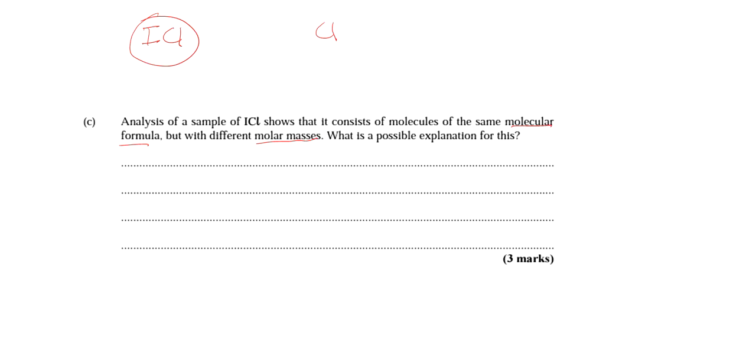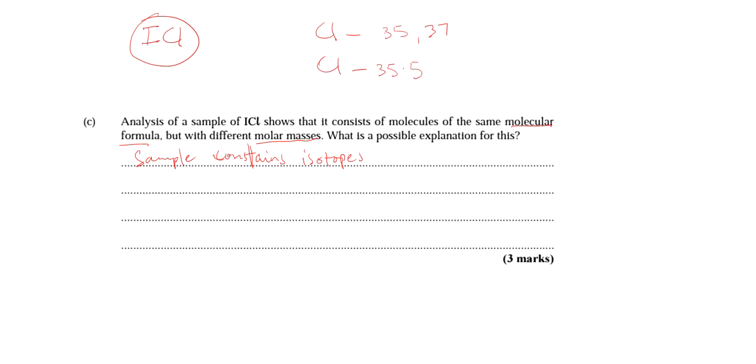Remember, chlorine has 2 isotopes, chlorine 35 and chlorine 37, and based on the isotopes, the relative atomic mass of chlorine is 35.5. So this is what you need to say: you have to say that the sample contains isotopes.